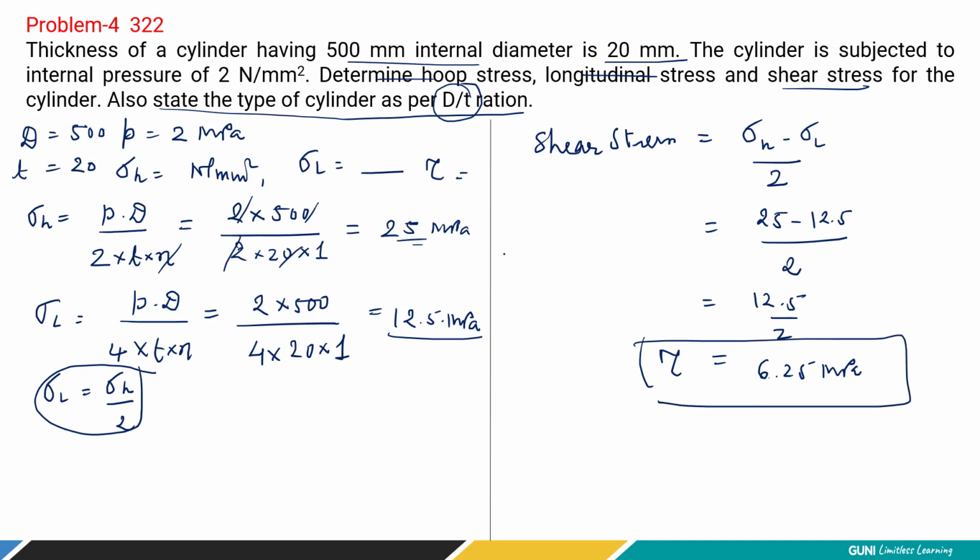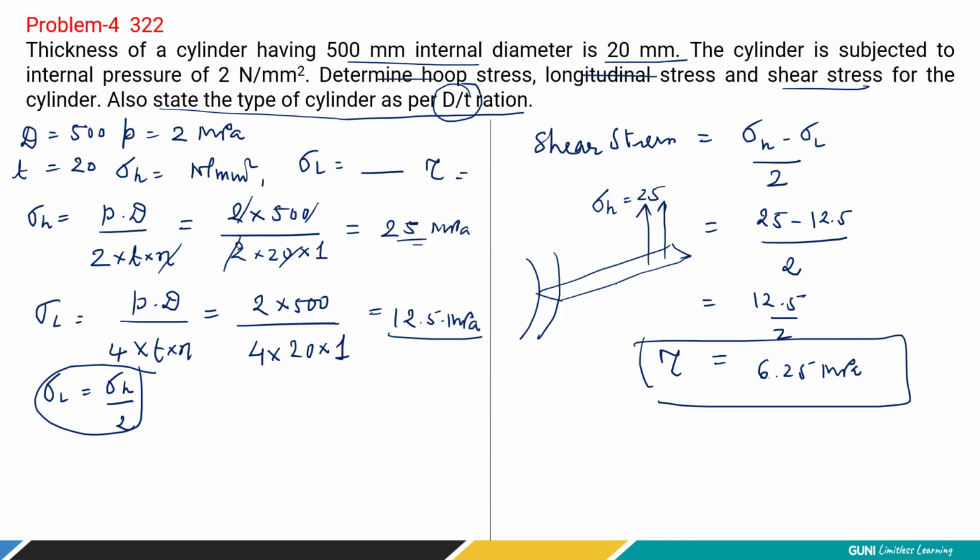So in this numerical, we have a cylinder like this, and this is its section. The hoop stress is in this direction, which has the larger value, 25 megapascal.